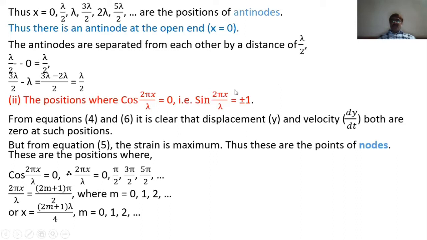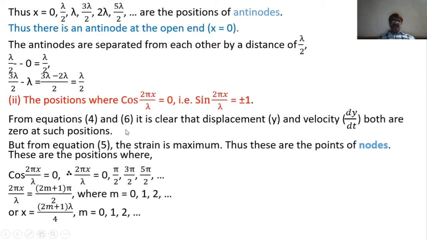Now, let us see another change with respect to position, and that can be obtained if we put not the sine function but the cosine function of position equal to 0. So if we put cos 2 pi x by lambda equal to 0, that is sine 2 pi x by lambda equal to plus or minus 1, we get the positions.